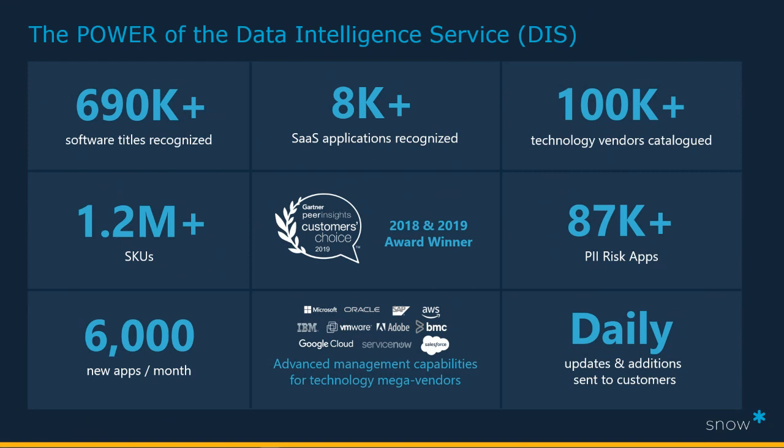Those numbers are continually increasing as we add more and more titles on a daily basis. We're normalizing that data and producing records with standard names and editions, so you can quickly see which software titles you've got in use and by whom.